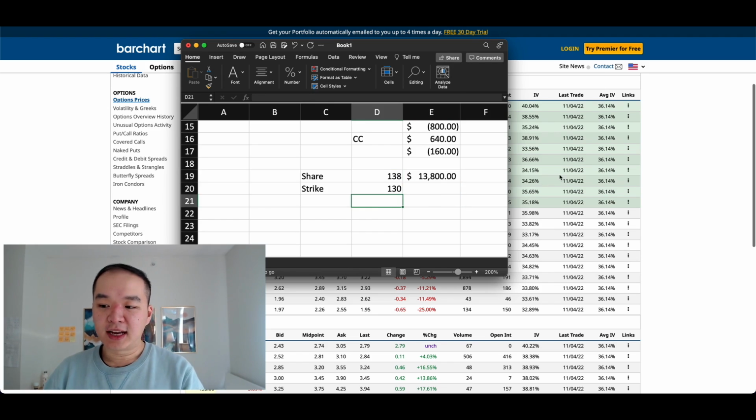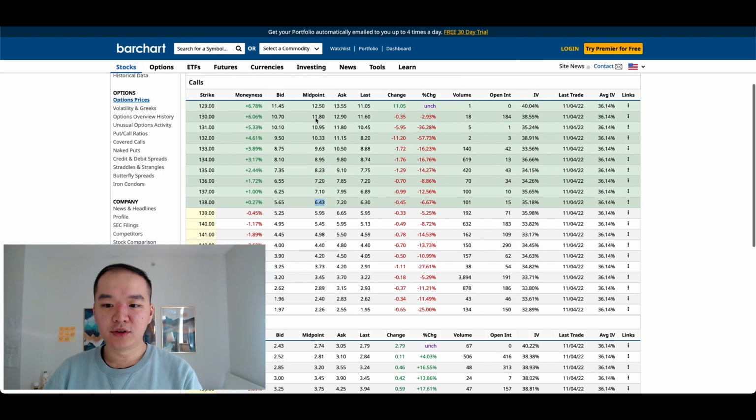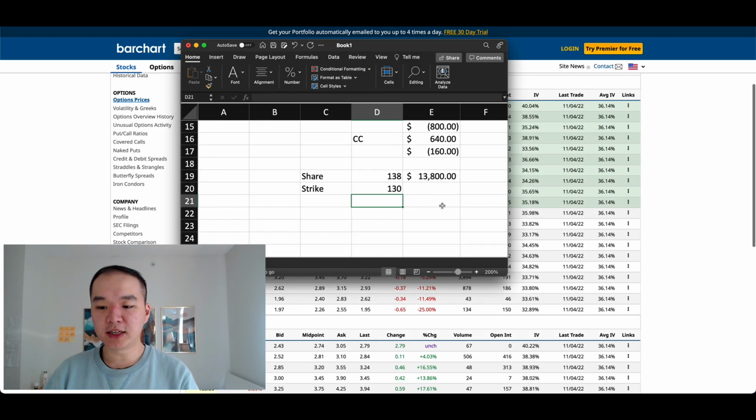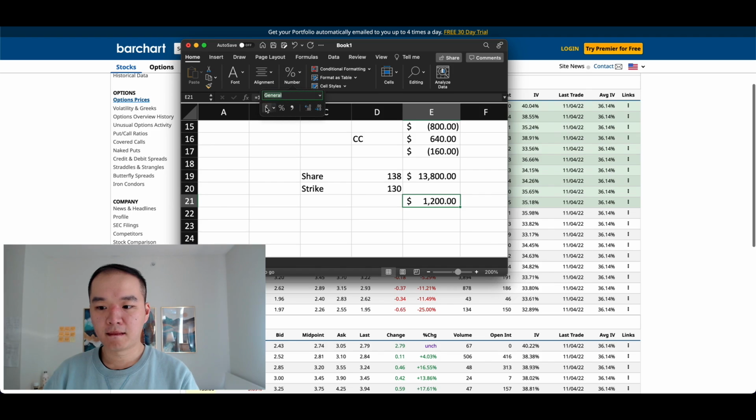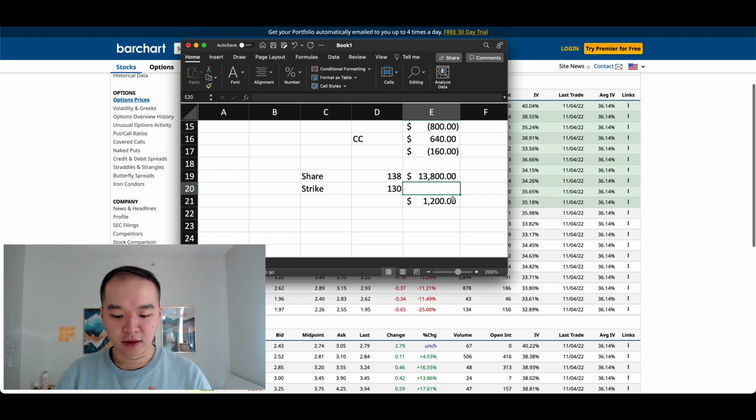So that means if you're looking at the strike 130, you'll realize the option price is a lot higher compared to 138 because there's a difference between the 130 and the 138 today. So that's why you get compensated. So the real interest you're earning, let's say it's $12. So 12 times 100. There you go. And here, we know that when the covered call gets exercised, you'll be selling those shares at 130 instead of 138.